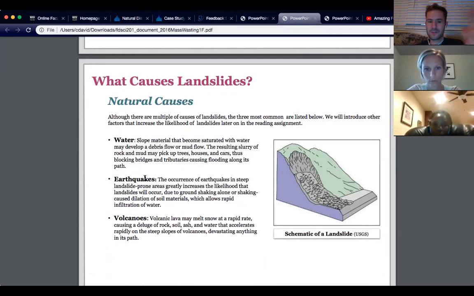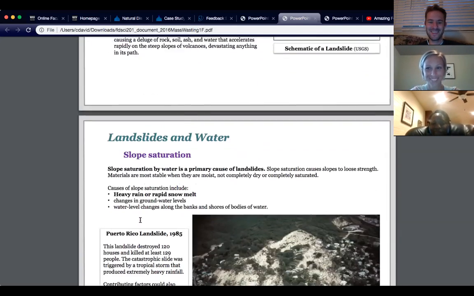You have a steep slope that's barely hanging on, maybe it's water saturated, and then you get a little earthquake, a little shaking, and that's all it needs to trigger a landslide. And then volcanoes, right? You guys remember lahars, and earthquakes associated with volcanoes. Anytime you blow something up, you can cause a landslide.